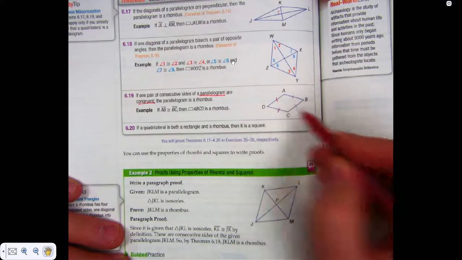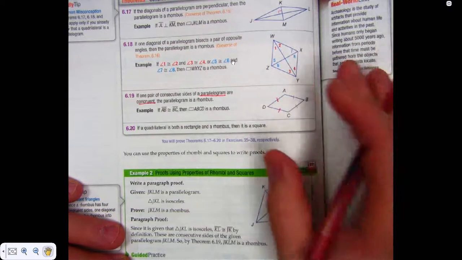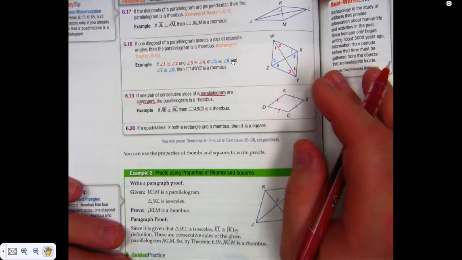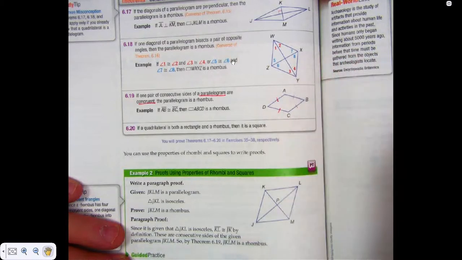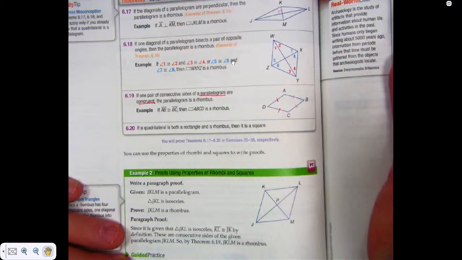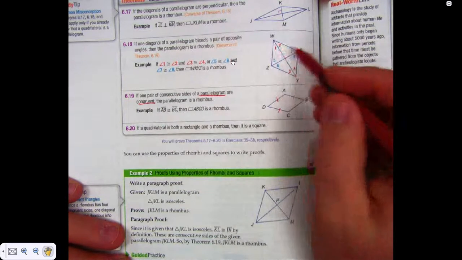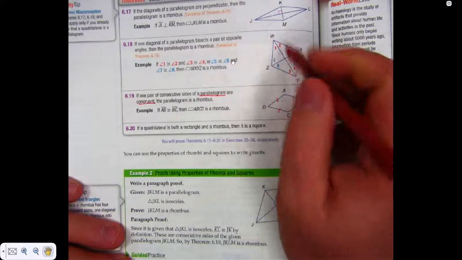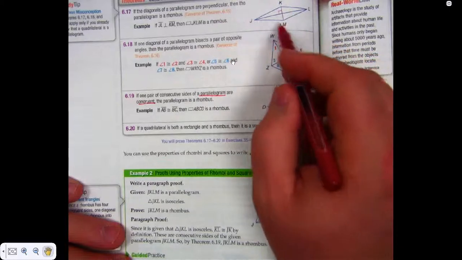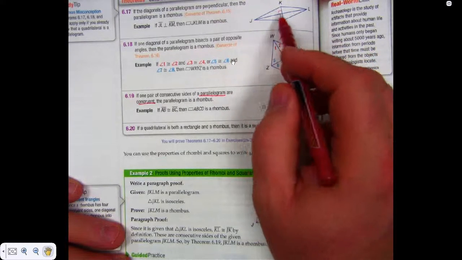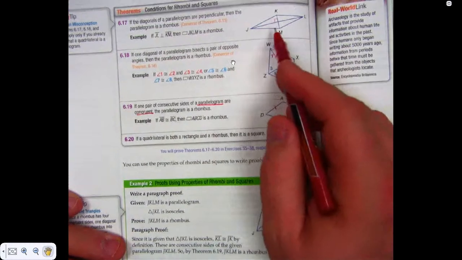And this is also congruent to what? So that's one of those theorems that is true, but couldn't you get there from any one of the other theorems? It's kind of a useless shortcut if you ask me, so don't fret too much on it. And these are all ones saying, if the diagonals are perpendicular, then you know you have a rhombus, because that's one of the rules for a rhombus, correct?